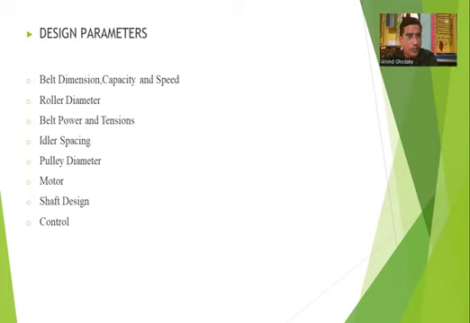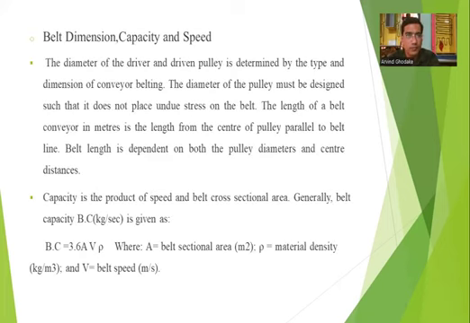Then the pulley diameter, that is, head pulley and tail pulley, or driving pulley and driven pulley. Then the motor is also an important parameter, that is, the capacity of the motor. Then shaft design, and then control units. So these are the different design parameters considered for the belt conveyor design.